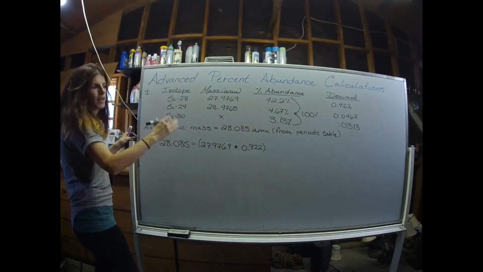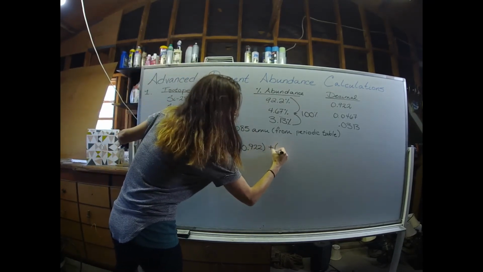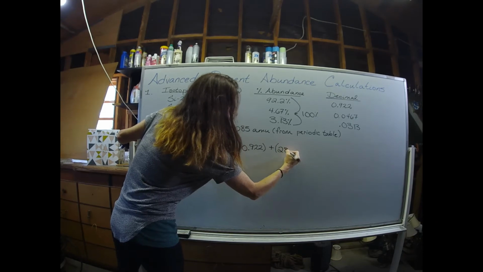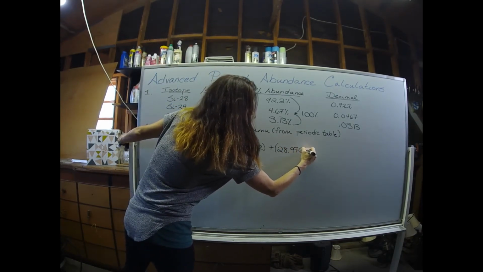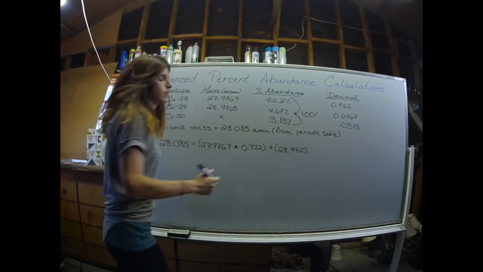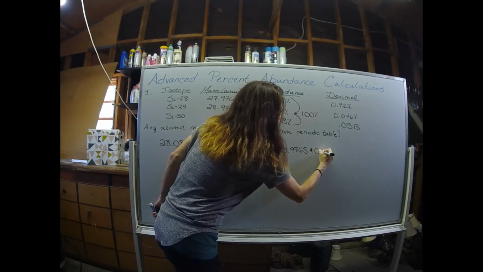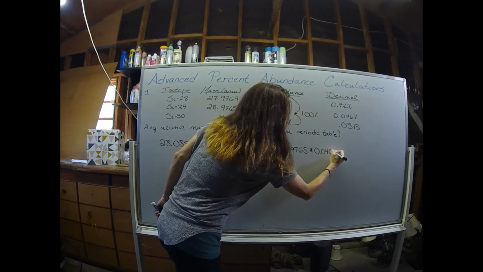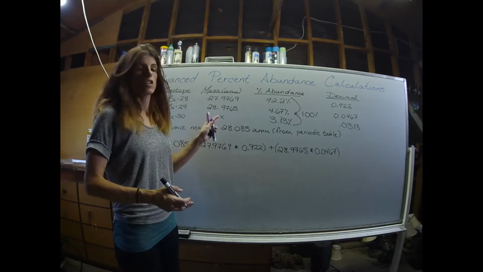Then we're going to add the second value times its percent abundance, and then the third value is just x.